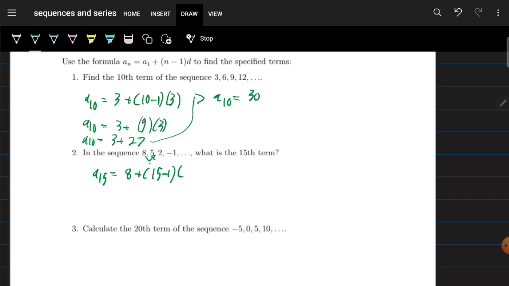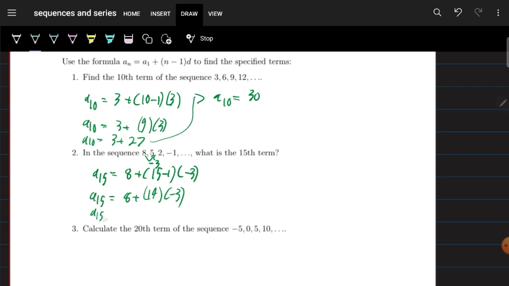Here we're going down by 3's. So times negative 3. All right, so here if we solve this, we get 14 times negative 3. And what is 14 times negative 3? That should be negative 42.